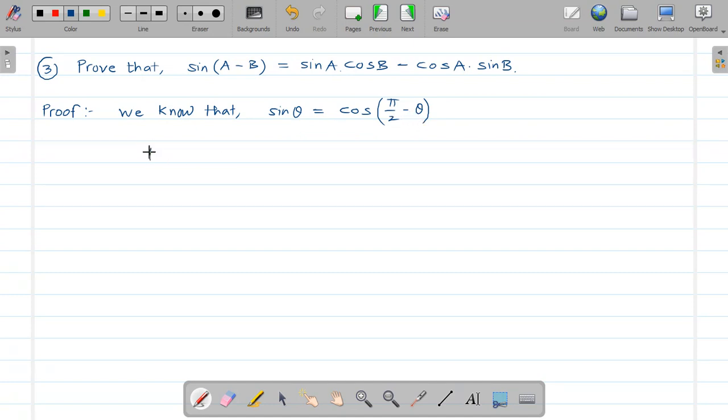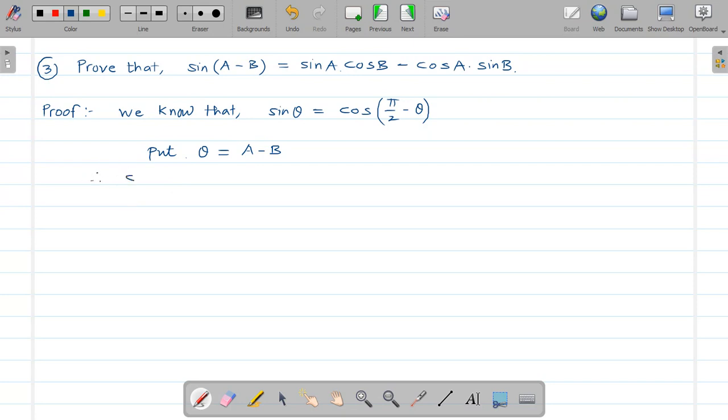Now if you put theta is equal to a minus b here, means by using this result we are going to prove the compound angle formula, then see what you will get.